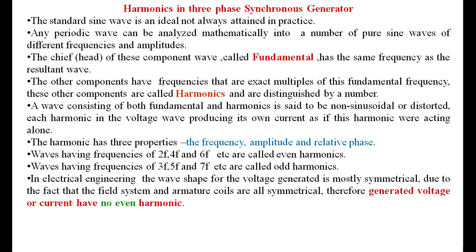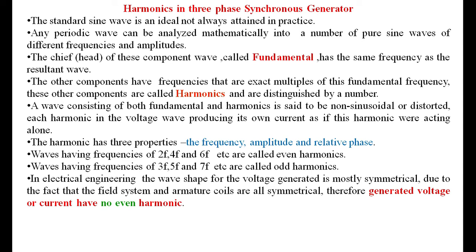Then what do you mean by harmonics? What is the impact of these harmonics on the distribution factor and coil span factor? In turn, it affects the total induced voltage in the three-phase alternator. We know that the ideal standard sine wave is not always attained in practice.